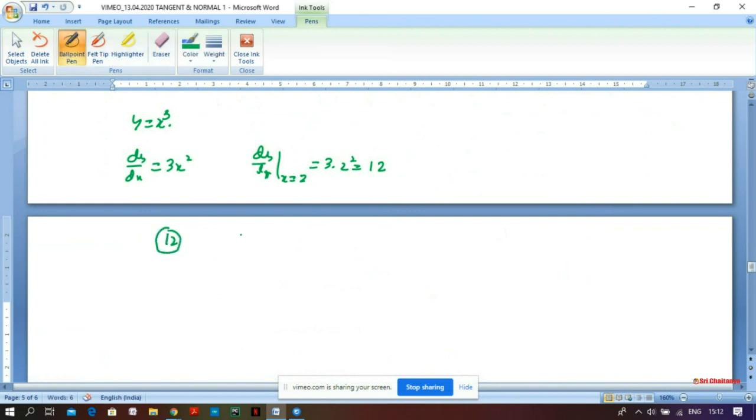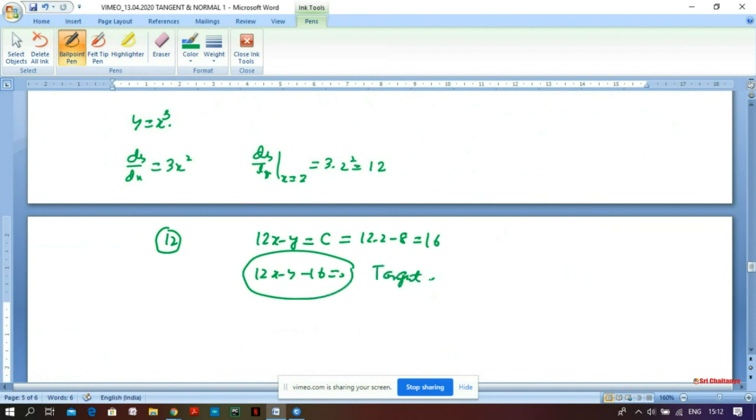And so I can write the equation of the tangent as 12x minus y is some constant c. And I can get this because there is a point on the curve, say 2 comma 8. So 12 into 2 minus 8, that is 24 minus 8, that gives you 16. And so we have got 12x minus y minus 16 equal to 0 as the tangent to the curve y equal to x cube at P 2 comma 8.